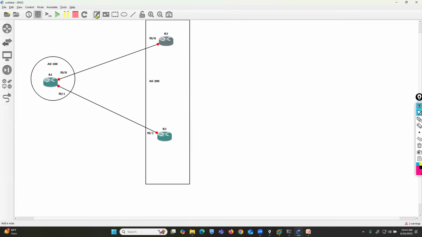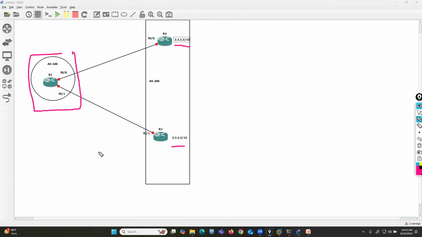Now I'm creating some loopback for routes, for example 2.2.2.2/32. R1 is receiving the same route 2.2.2.2 from R3. Same destination, same routes. For the same routes, this branch office has two paths, via ISP1 and via ISP2.